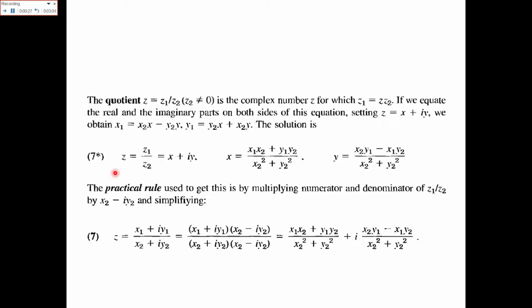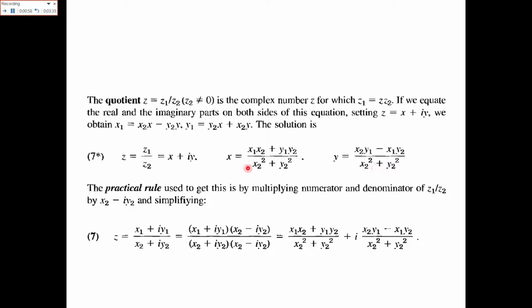Here, if z1 is equals to x1 plus iota y1 and z2 is equals to x2 plus iota y2, then z1 over z2 will give us the value in the form x plus iota y, where x would be x1 x2 plus y1 y2 over x2 square plus y2 square, and y will give us x2 y1 minus x1 y2 over x2 square plus y2 square.